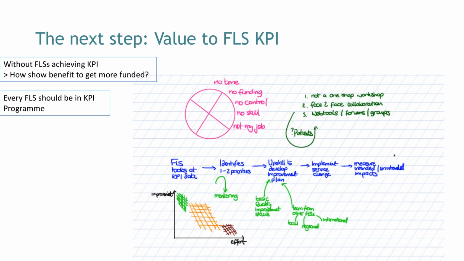We don't think this is a one-stop workshop. This process should be a face-to-face collaboration, maybe using web tools, forums, and groups, and potentially and probably using patients to help address some of the issues around timing and lack of control, and using patient empowerment and self-management to help drive these key performance indicators and their achievement.